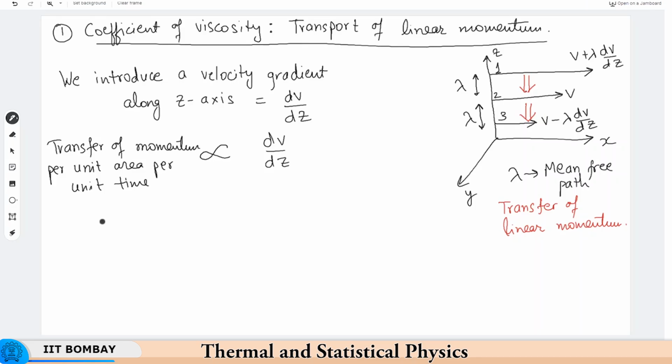And what we can write is that the left hand side, which is this term, is equal to eta times dV by dz. Okay. So eta is just a proportionality constant, and it is known as viscosity or coefficient of viscosity.